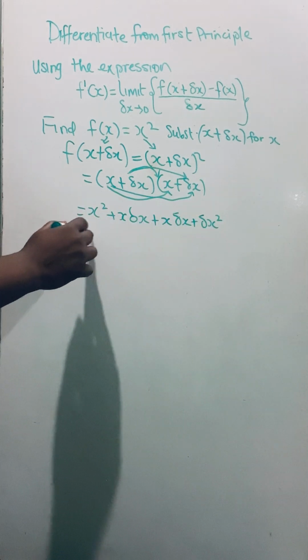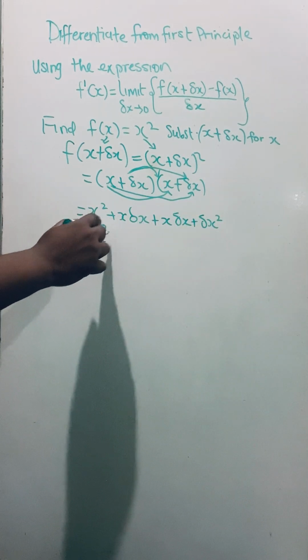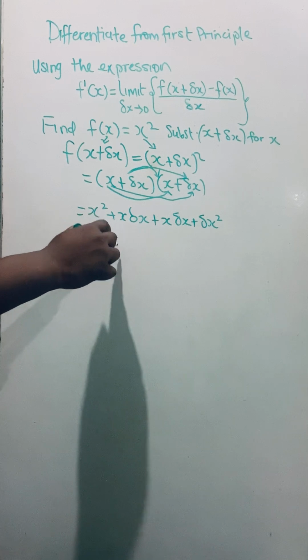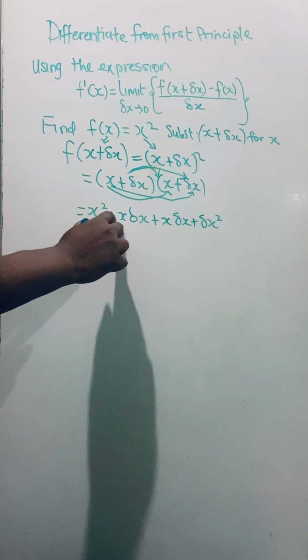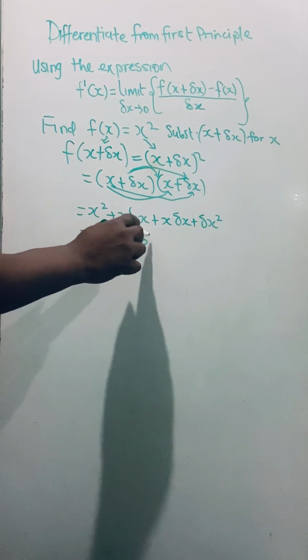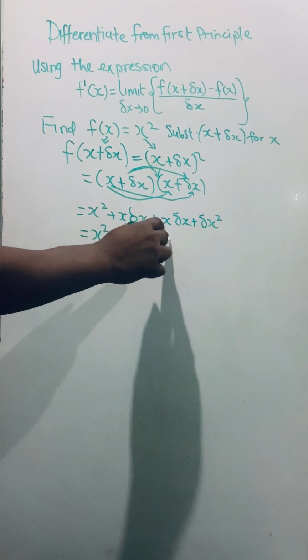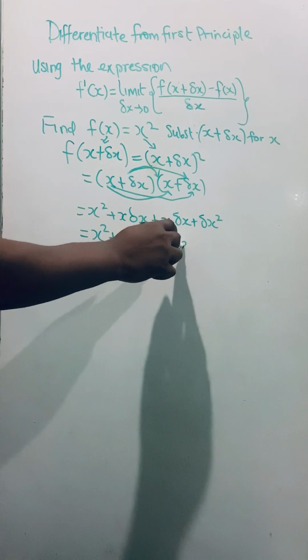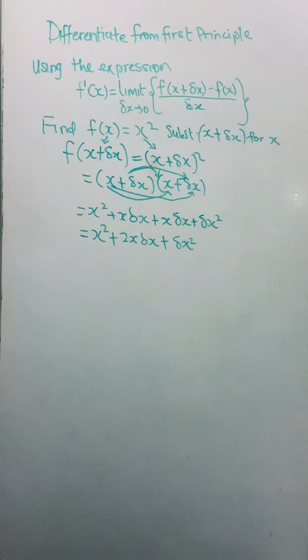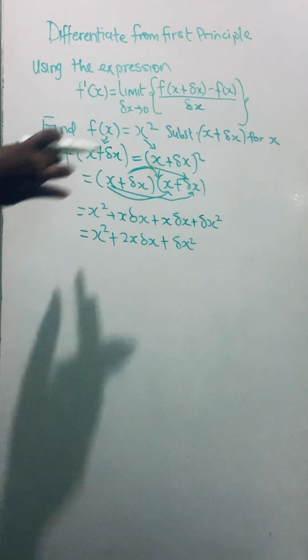So if we bring the like terms, adding them together, we have x squared plus 2x delta x, then plus delta x squared.